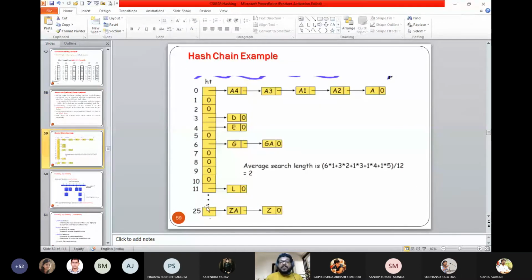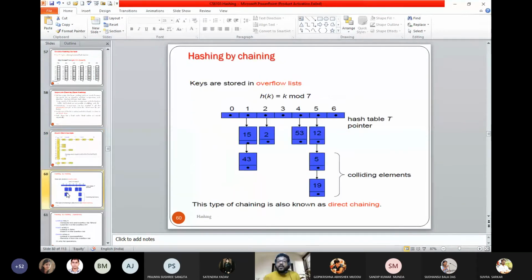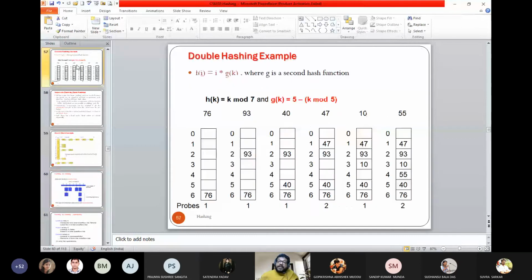Sometimes when you look at the average length or the total storage space, it has an advantage. This is called hashing by chaining, or what we call separate chaining. The hash table has a pointer that goes like this.